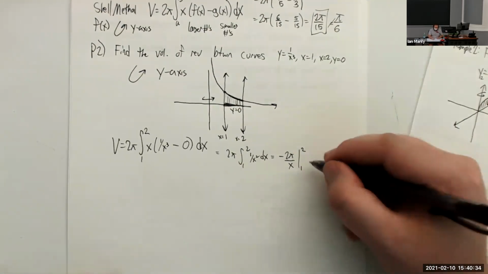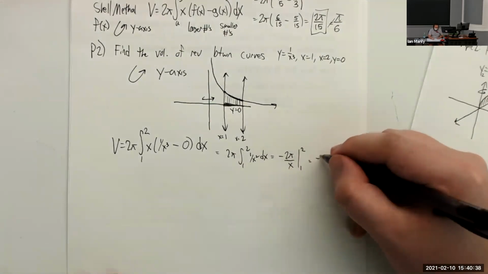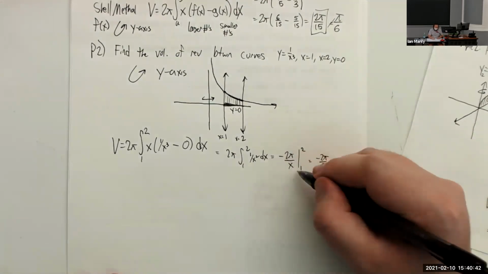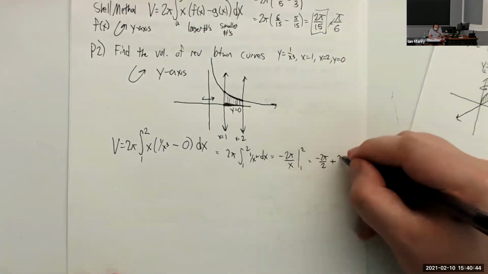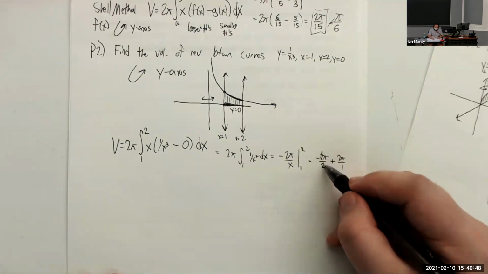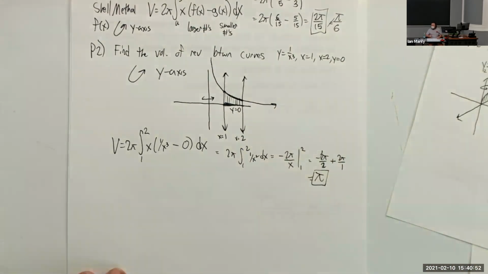All right, and then finally, I'm going to plug in my numbers. So I plug in 2, I have negative 2 pi over 2. And then I subtract and put in the 1. So I have 2 pi over 1 minus pi gives me pi. So a very simple answer for this one right here.